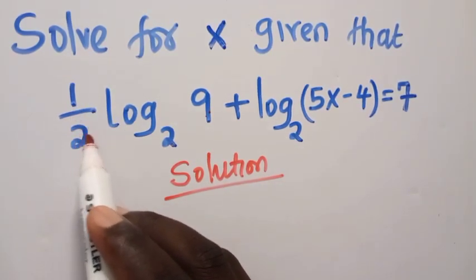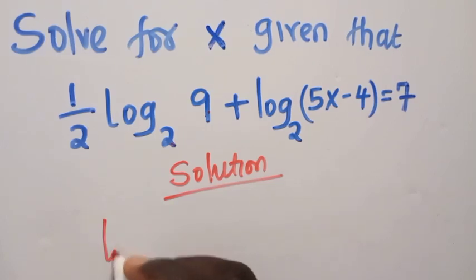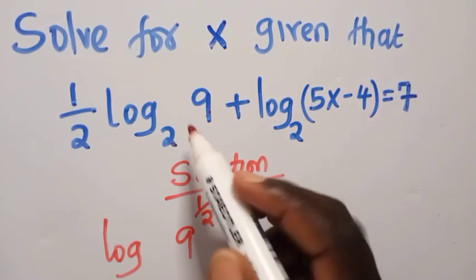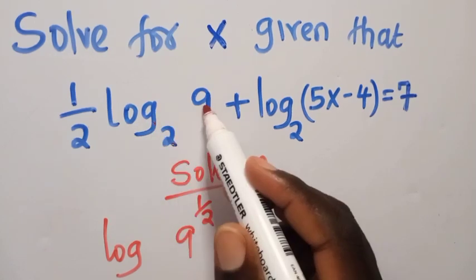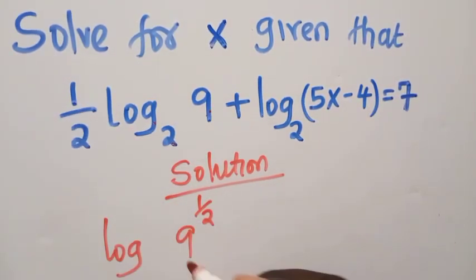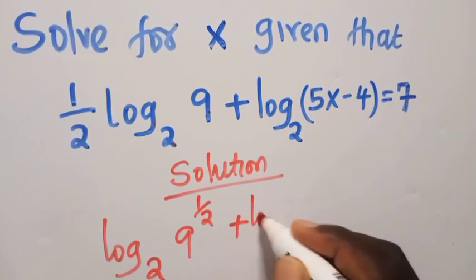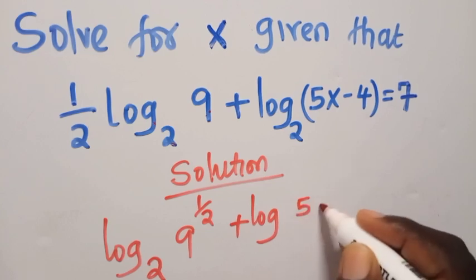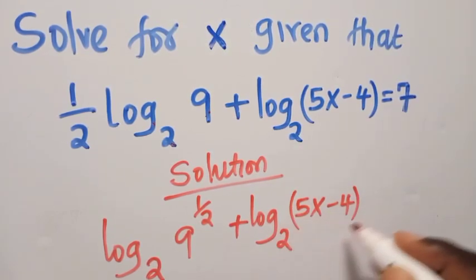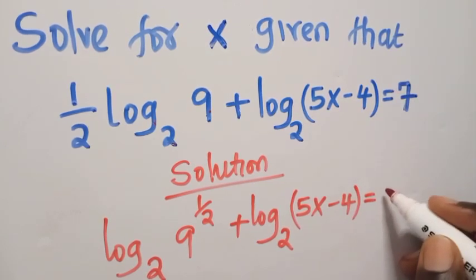A half log 9 base 2 can be written as the logarithm of 9 raised to a half. That is from the basic laws of logarithms. Then to base 2 plus the logarithm of (5x minus 4) to base 2, then equals 7.